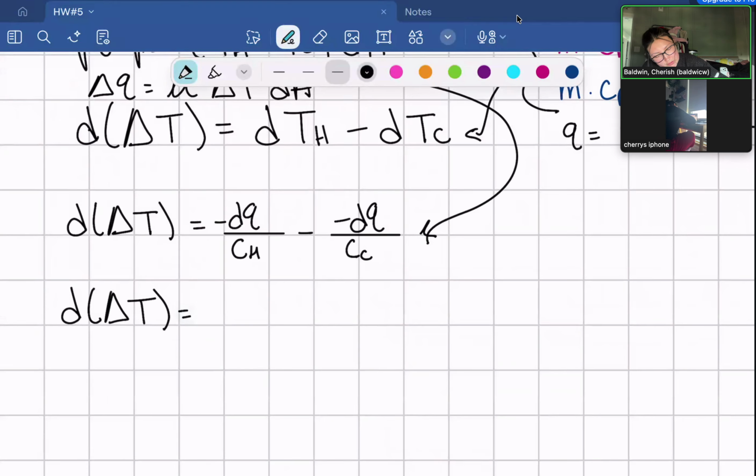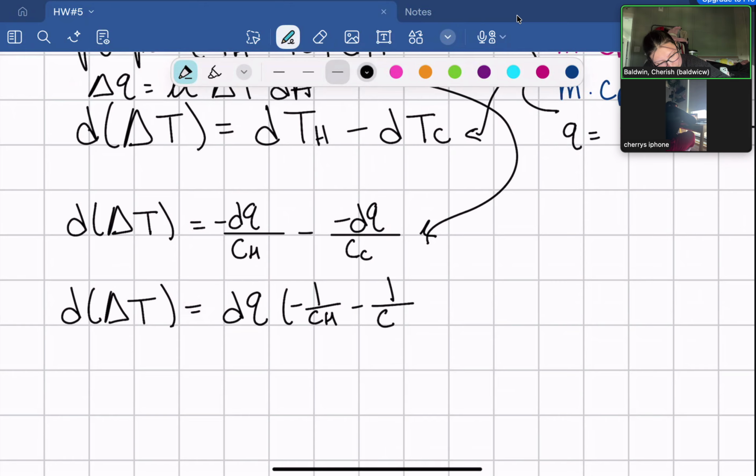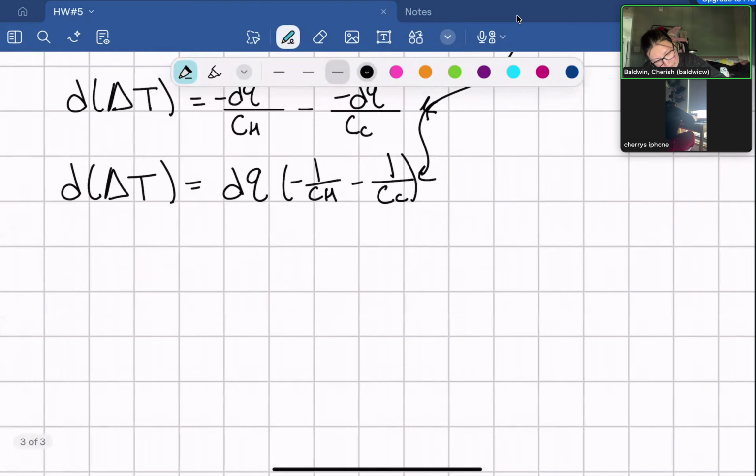Well, first, before we do that, we can take dQ out and put it there.